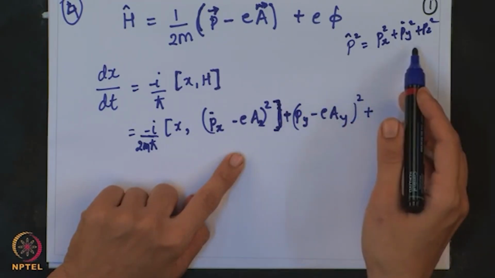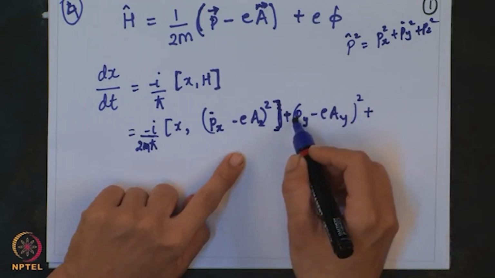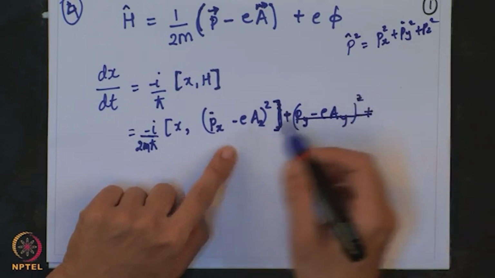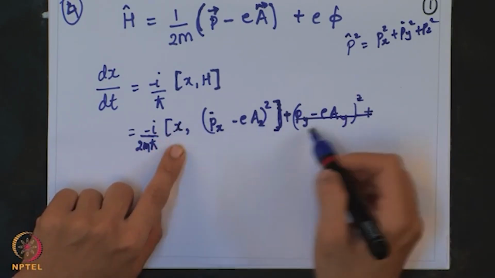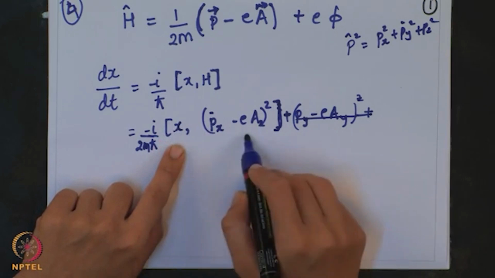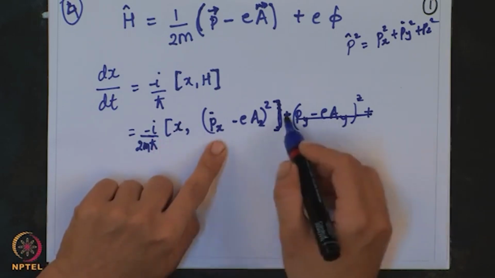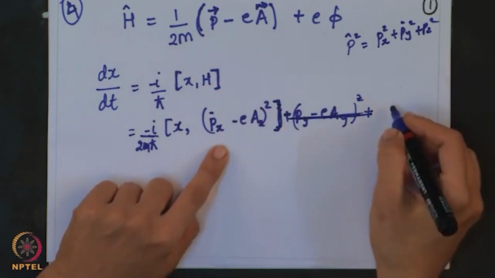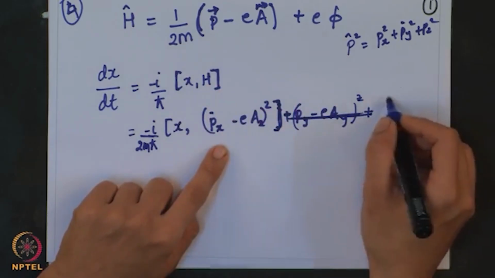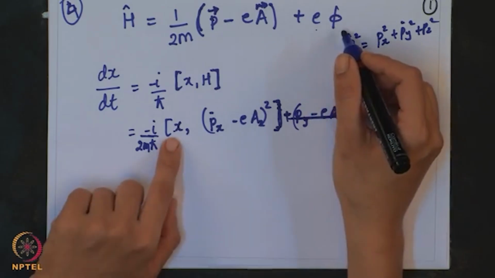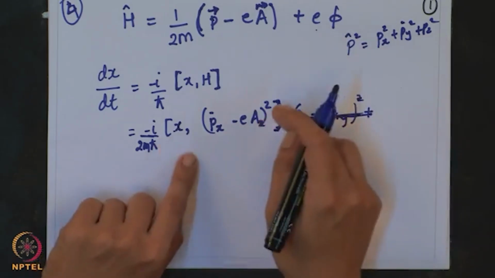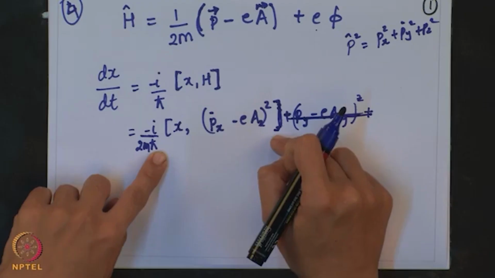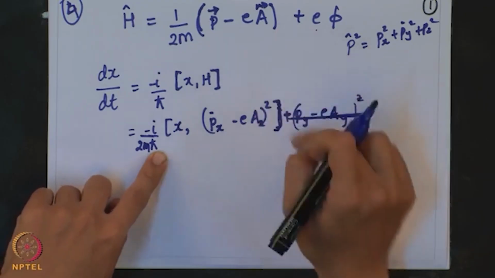The remaining terms would give 0, they will commute, and this one will give you a non-zero result. The commutator of e phi with x will also be 0. So, the only contribution comes from this term in the entire Hamiltonian.